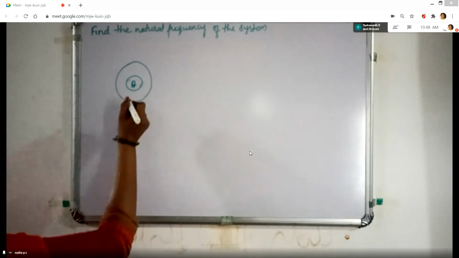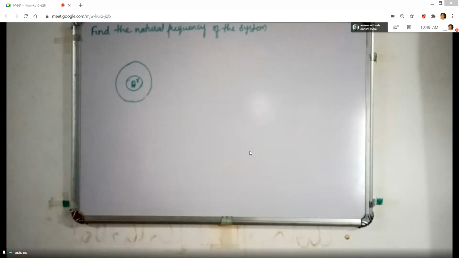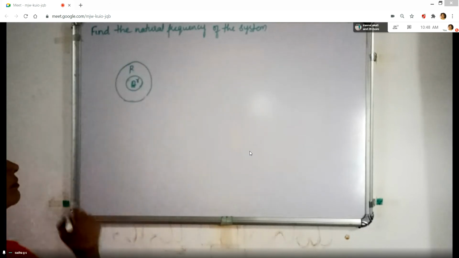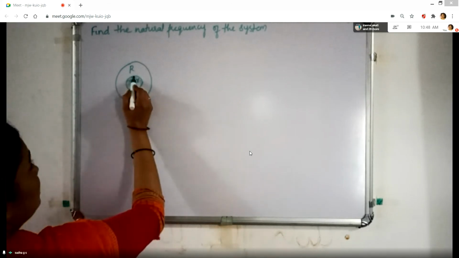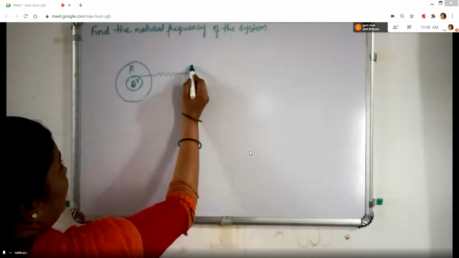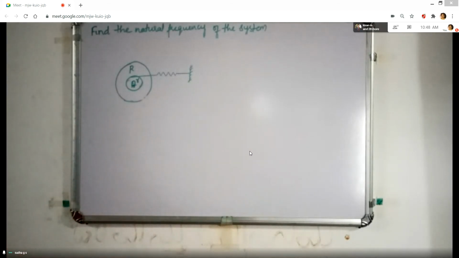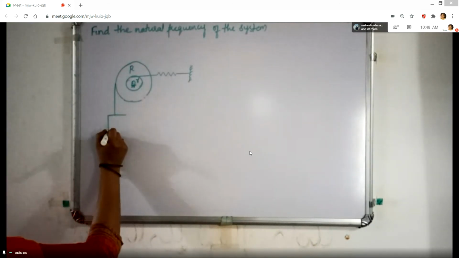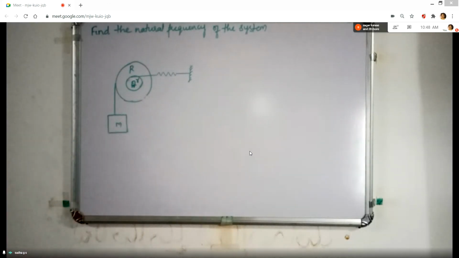Let small r be the radius of the small pulley and capital R be the radius of the bigger pulley. The spring is fixed on the small pulley and its one end is fixed, and the mass m is supported.